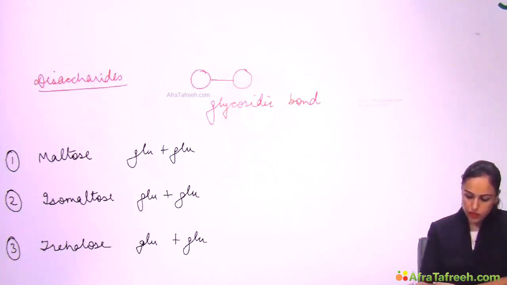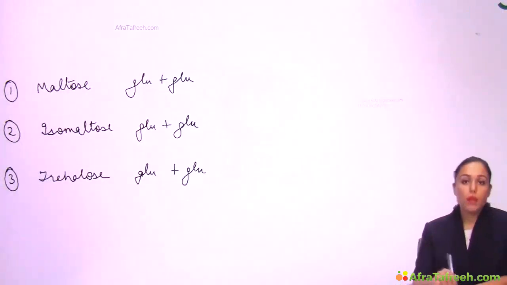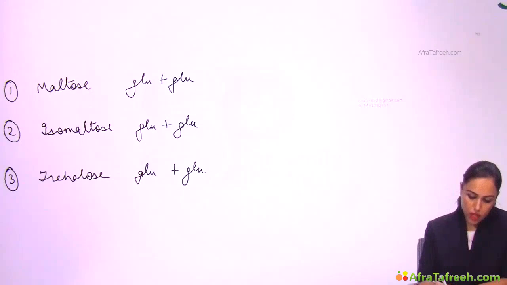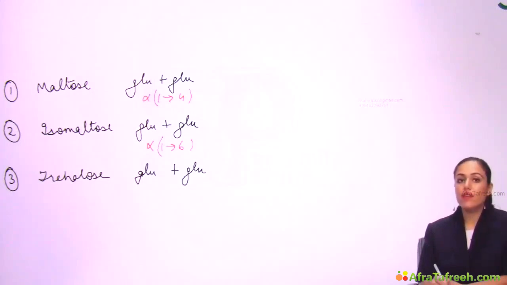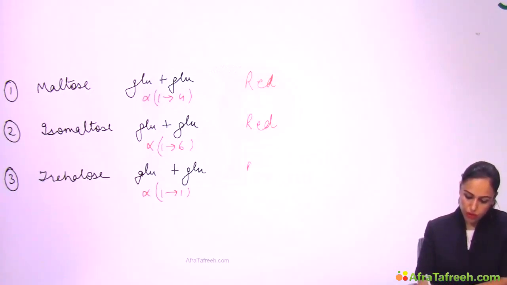So I have taken these first three compounds which all contain two glucose molecules, but the bond is different, that you have to learn. In maltose, it is alpha 1 to 4 bond. In isomaltose, it is alpha 1 to 6 bond. And in trehalose, it is alpha 1 to 1 bond, right? And maltose is reducing. Isomaltose is also a reducing sugar, but trehalose is a non-reducing sugar.